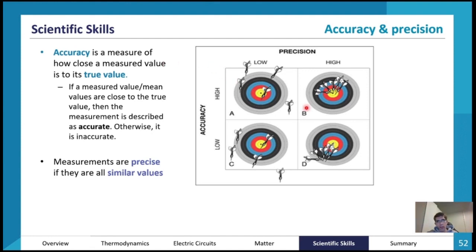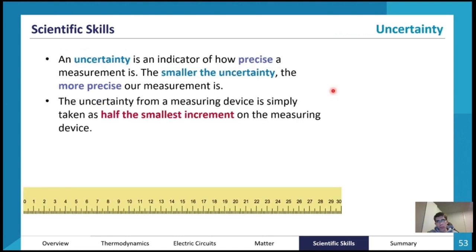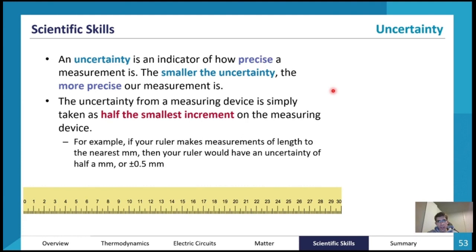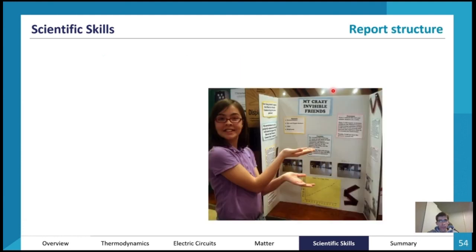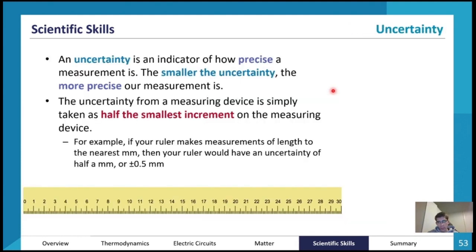Precision in itself indicates how close the results are to one another. They don't necessarily need to be right, they just need to be close to each other. Whereas accuracy measures whether the results are right or wrong. In an experiment, we usually aim for results that are both precise and accurate. That is, we want our results to be in line with what the theory predicts.